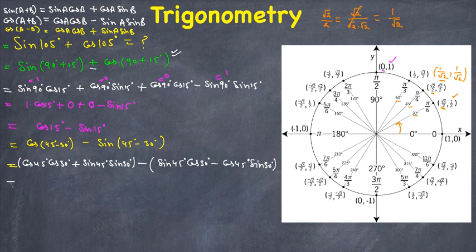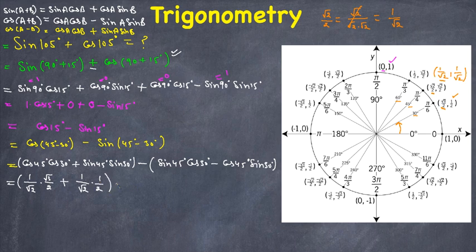Okay, now we just need to plug in the values from the unit circle. Cosine 45 is the x value, which is 1 over root 2. Cosine 30, x value is root 3 over 2, plus sine 45, which is 1 over root 2, and sine 30, sine is the vertical or the y value at 30, which is 1/2.